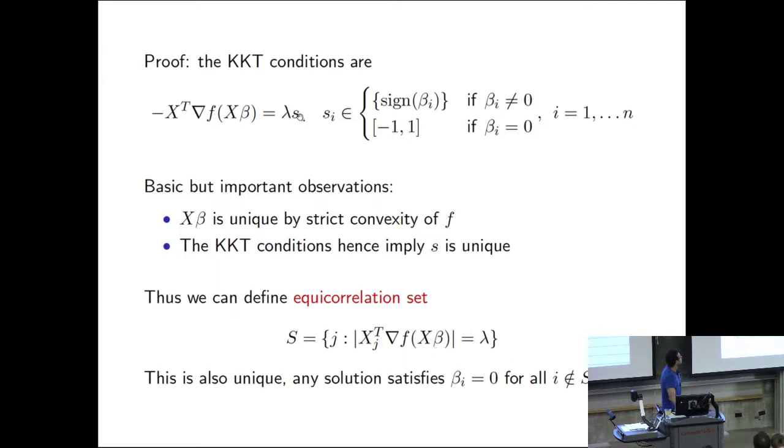For that to be equal to lambda times s_i, s_i had to be between -1 and 1. And if that was true, then beta_i must have been equal to 0, no matter the solution, because if beta_i was not equal to 0, then s_i is forced to be plus or minus 1. So think of some big set S. It's uniquely defined in terms of the fit, and it contains the supports of all of the solutions. If you're outside of S, any solution has to place a 0 at that component. It's called the equicorrelation set.